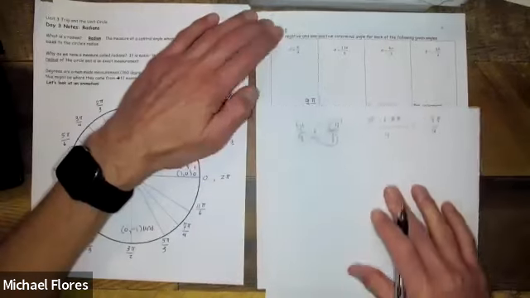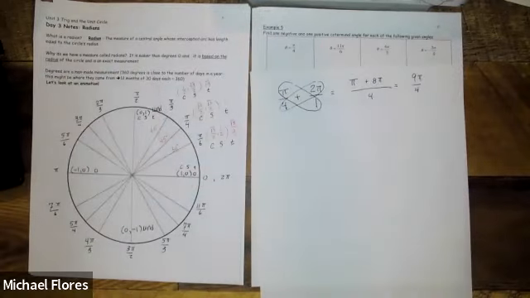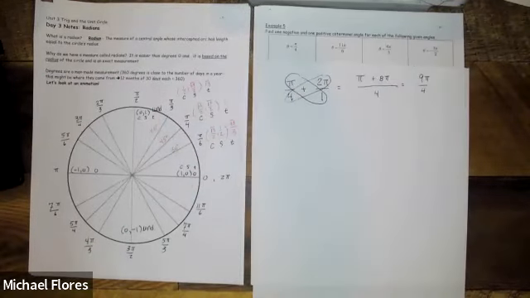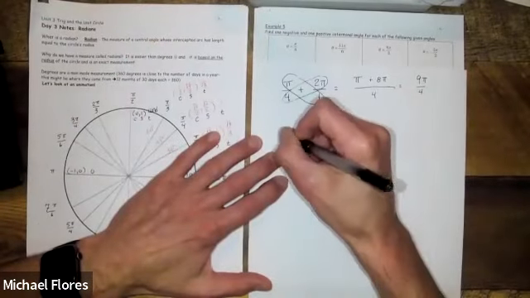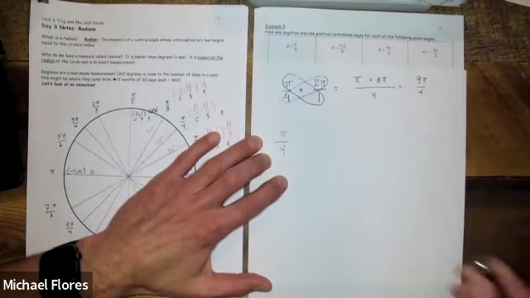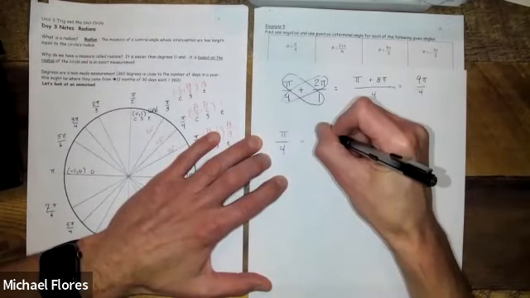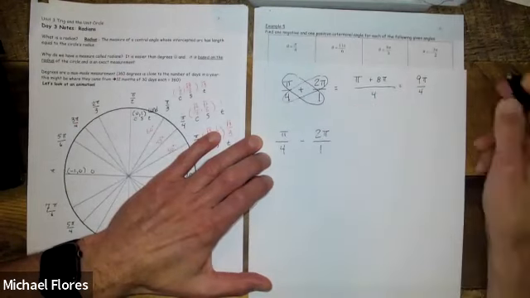Let's now go find our negative coterminal. So we are given pi over 4. To find the negative coterminal, we're going to subtract 2 pi. And I'm going to put that over 1.